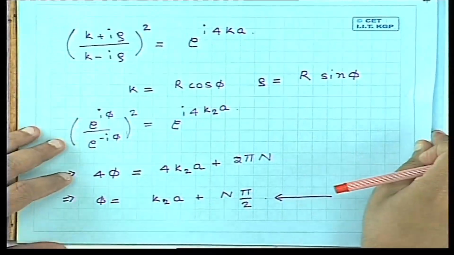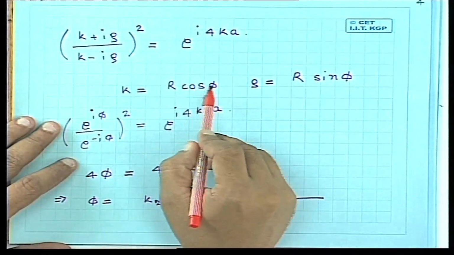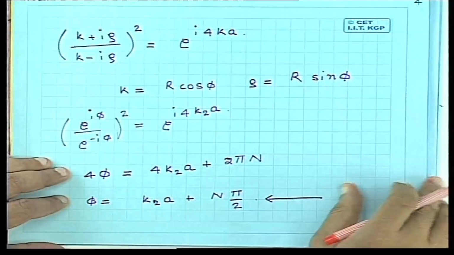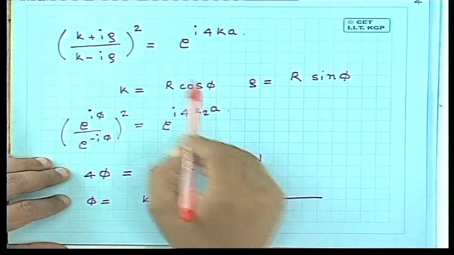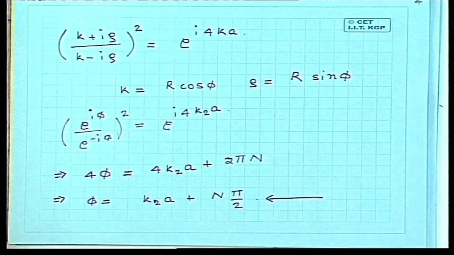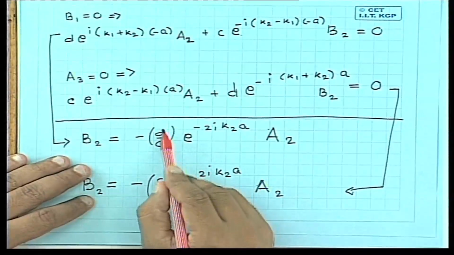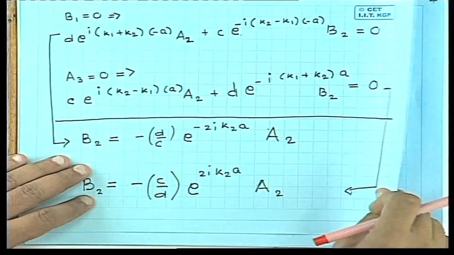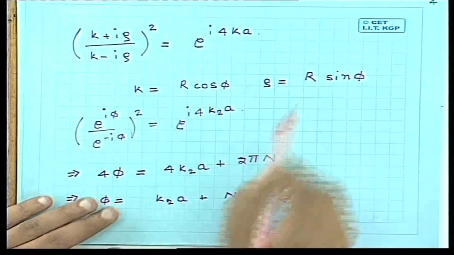Let me also show you how we had defined phi. We had set k equal to r cos phi and rho equal to r sin phi, right? And we had put these into this expression for c and d. So both of these d and c over here could be written in terms of rho and k, the two wave numbers on the two sides, and k and rho we had expressed in this way.